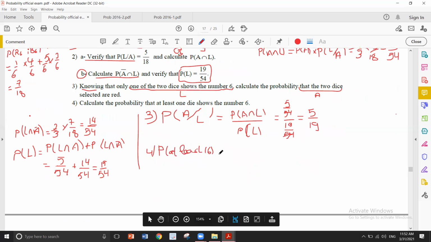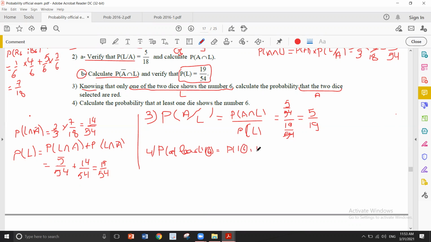How to solve it? At least one 6 means either I have one 6, or I have two 6s. One 6 is one 6 and one not 6.